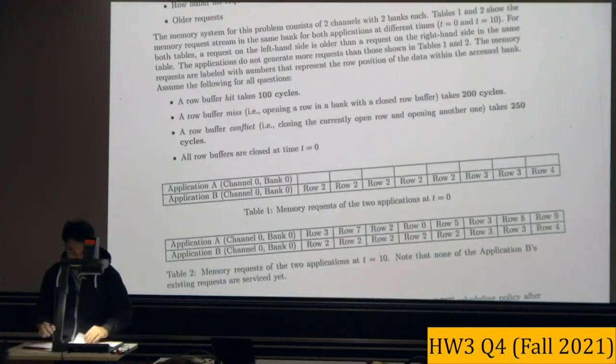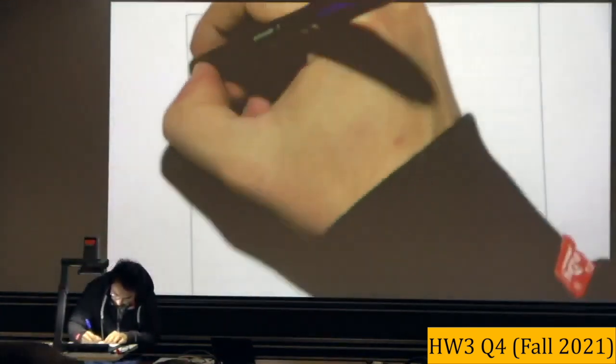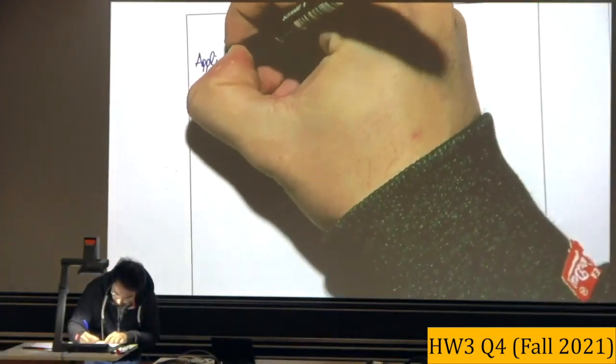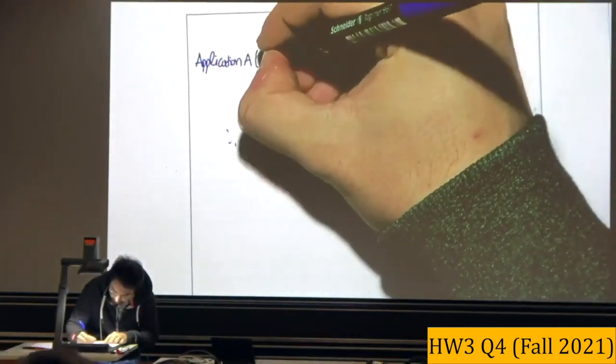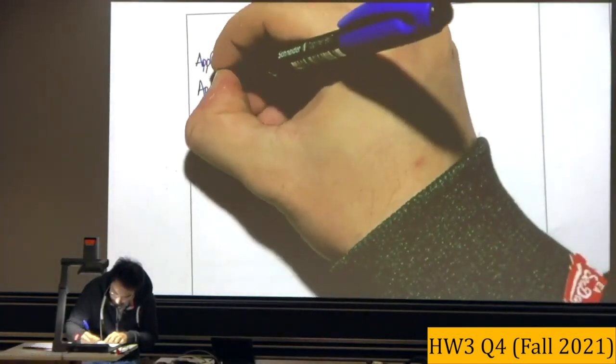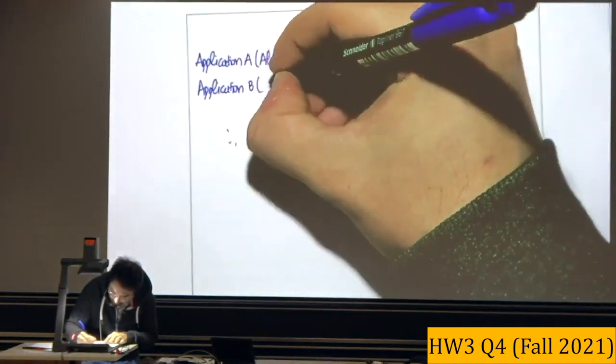So in this case, we need to calculate first two things: application A latency when it runs alone, and application B latency when it runs alone.